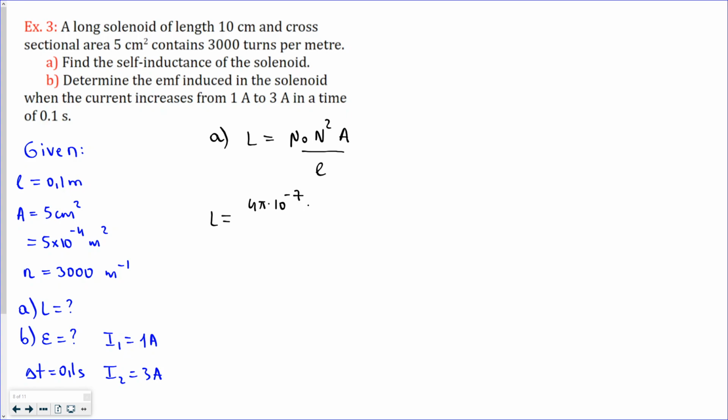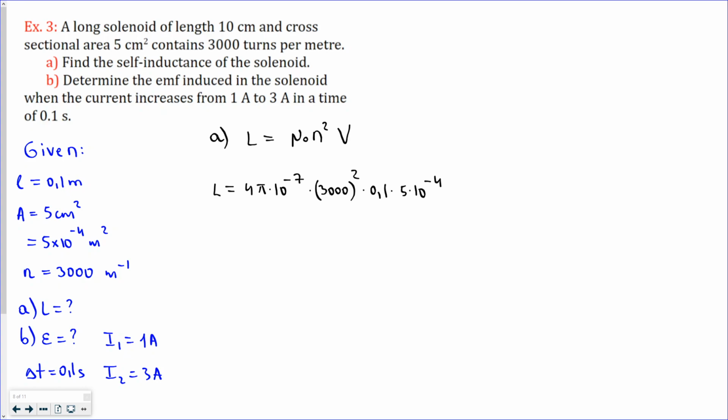Okay, I think it will be more convenient if we use this equation. Now the L will be equal to 4 pi times 10 to the minus 7 multiplied by 3000 squared. Volume is area times the length. It is 0.1, the length, times the area, which is 5 times 10 to the minus 4 meters squared.